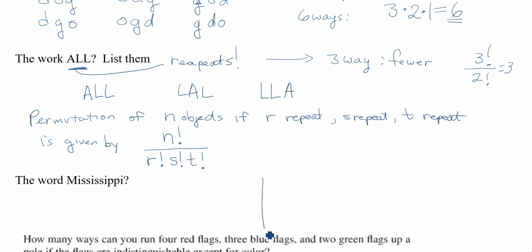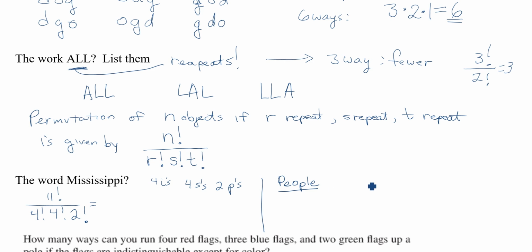If I look at the ways I can arrange the letters in the word Mississippi, altogether there's 11 letters. Now there are 4 I's, so I need to divide by 4 factorial. There are 4 S's, so I need to divide by 4 factorial. And there are 2 P's, so I need to also divide by 2 factorial. That'll multiply out to a very large number. Instead, if I look at a smaller example, the word people.